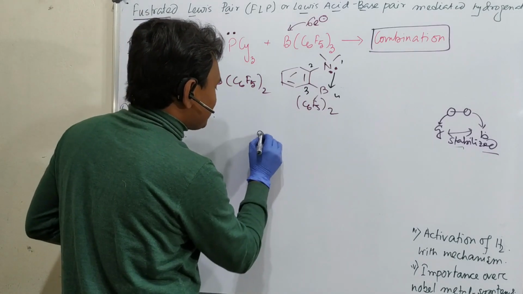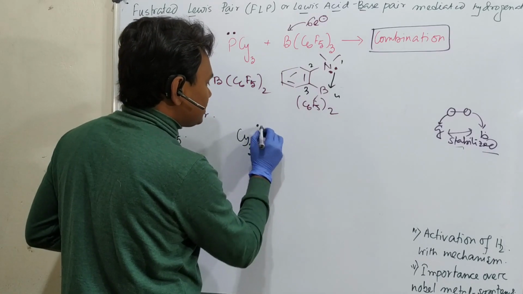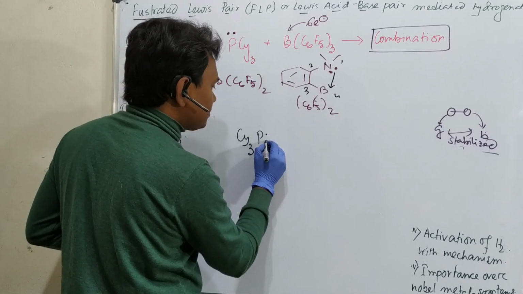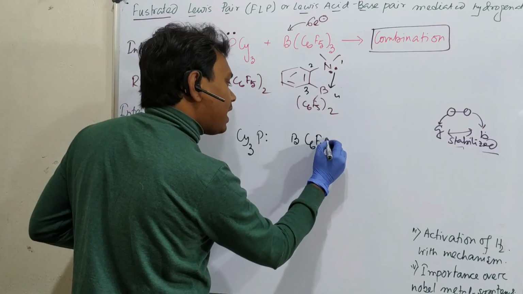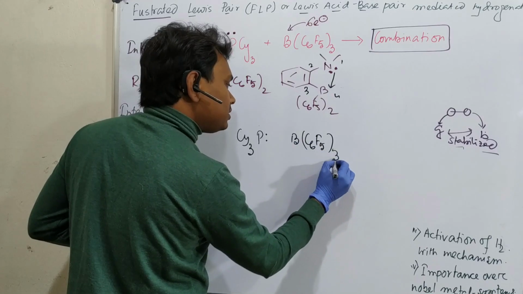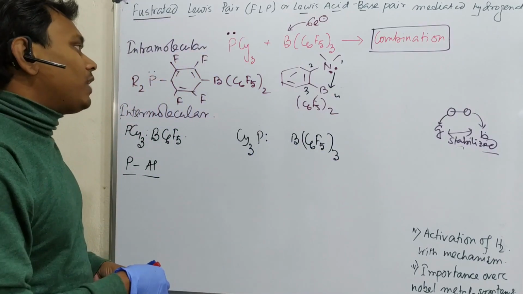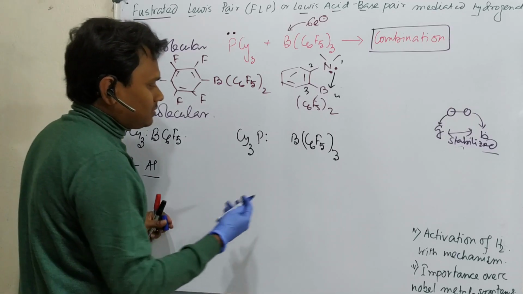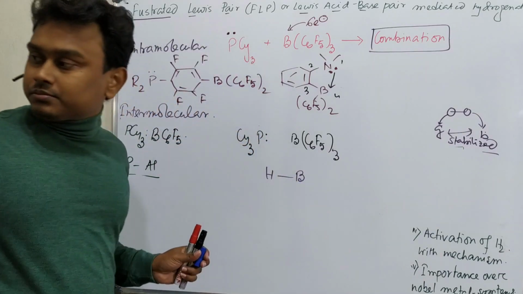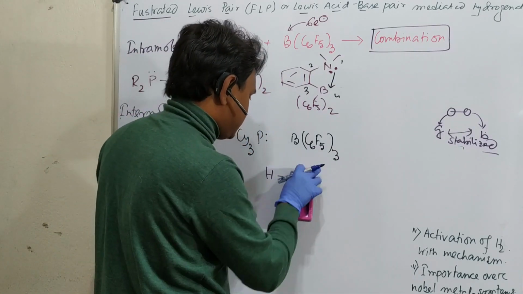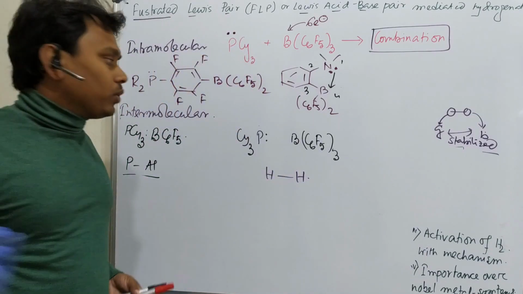So PCy3, it has a lone pair, or better to draw it here. And this boron C6F5. They can't combine. I have explained that's the reason. So what happens? If you provide a hydrogen, see, this phosphorus is polar.